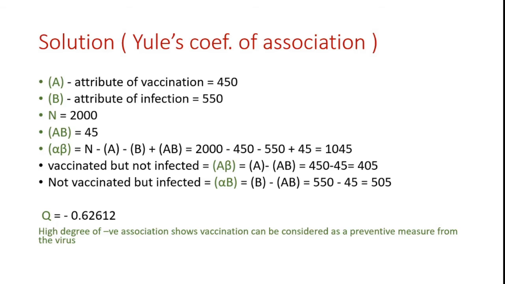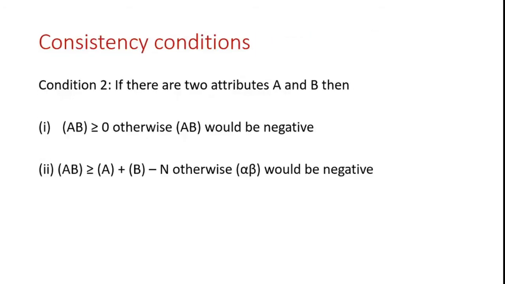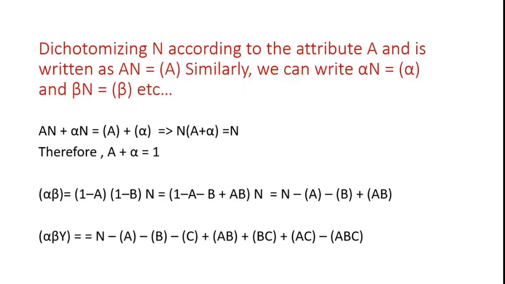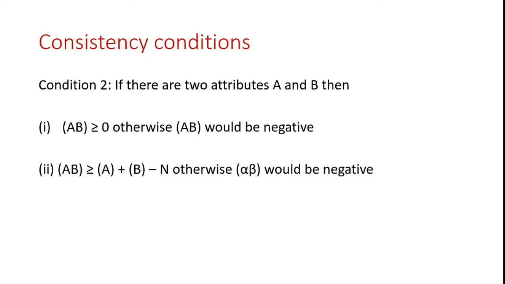So people who are neither vaccinated nor infected is alpha beta. So we have used this formula. If you remember, I showed you this formula, alpha beta equals N minus A minus B plus AB. That's the reason I showed you quickly these formulas.